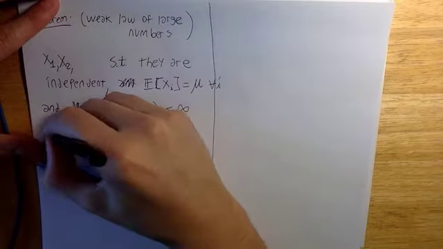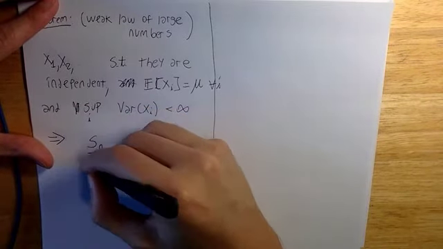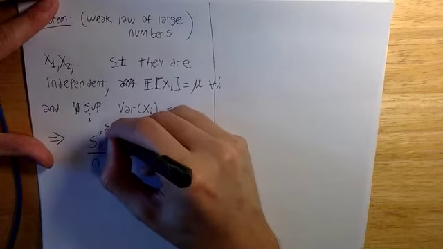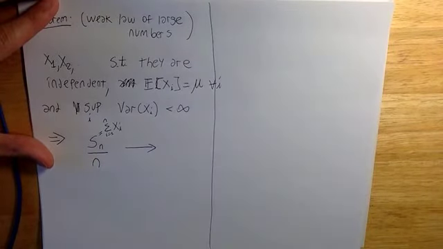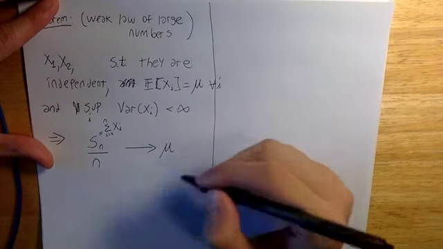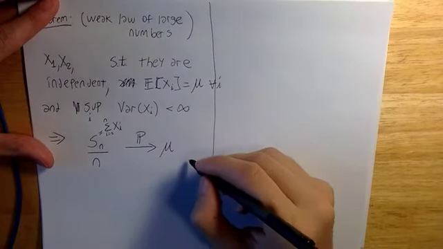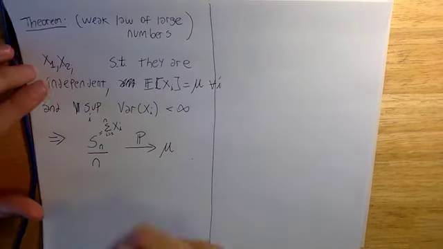Then Sn over n, which is just the sum from i equals 1 up to n of xi, divided by n, converges to mu in probability. Okay, so a couple of remarks.